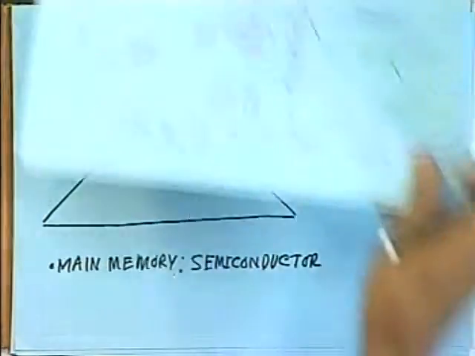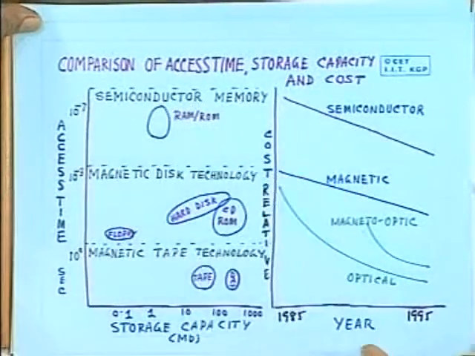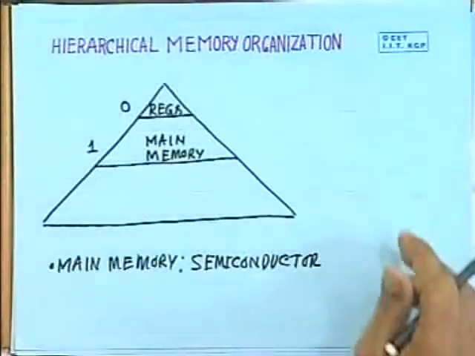Here we have shown the semiconductor memory technologies, RAM, ROM, and RAM, ROM are used as the main memory.